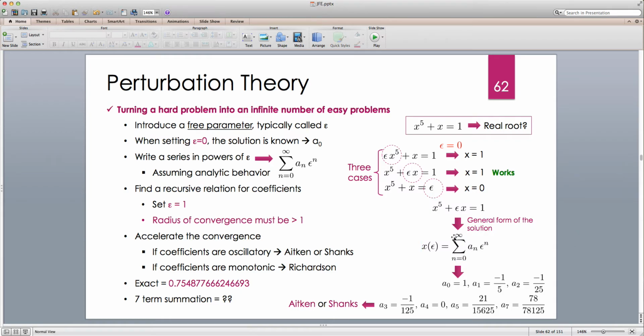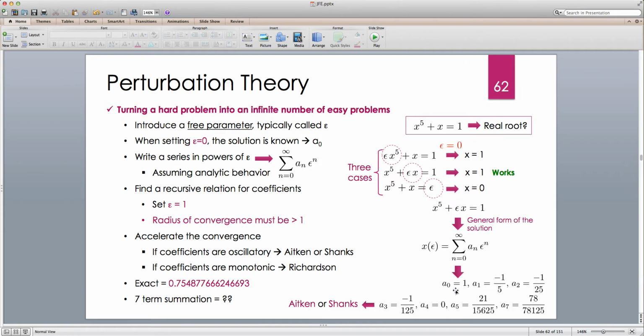Now if I set epsilon to 0, x of 0 is basically a0. So a0 is the solution when I set epsilon to 0, and I already know the solution, and that's the whole point. When we set epsilon to 0, the hard problem is supposed to become a simple, easy problem. So x to the fifth equals 1, so the solution is 1.